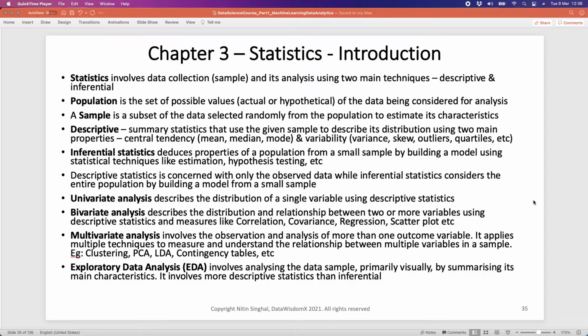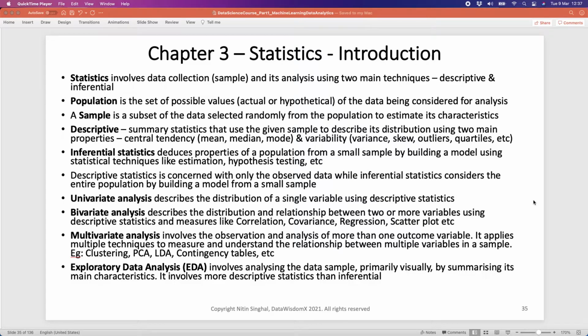Let's say you had 100,000 people, you might not be able to collect all the data for all the people. So you take a small subset of people from that, say maybe 1,000 or 10,000, and then analyze that data because you have more accuracy there in terms of the data collection, and during that analysis use assumptions to build models for the entire population.